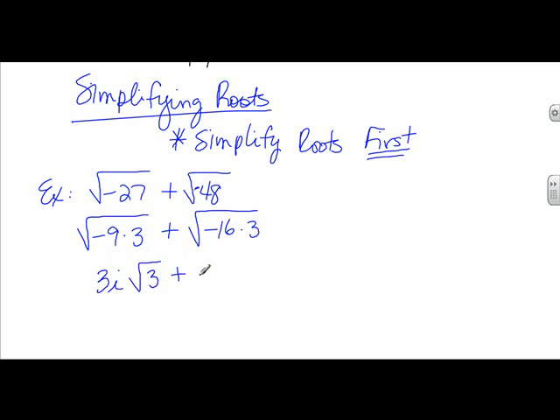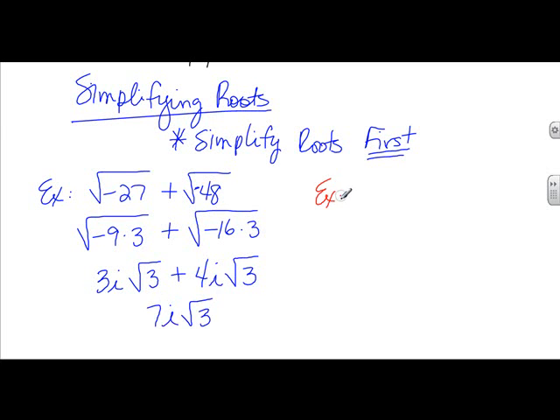The square root of negative 16 is 4i, and then the 3 stays under the square root. Now we've got like terms that we can add. 3i plus 4i is 7i times the square root of 3. Simplifying the roots first was kind of logical in this problem. There is nothing else that you could possibly do other than simplify the roots.